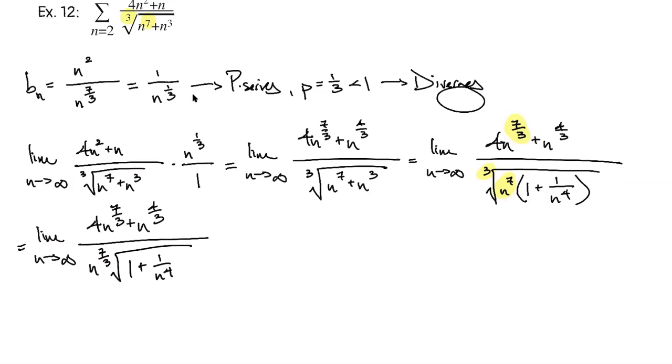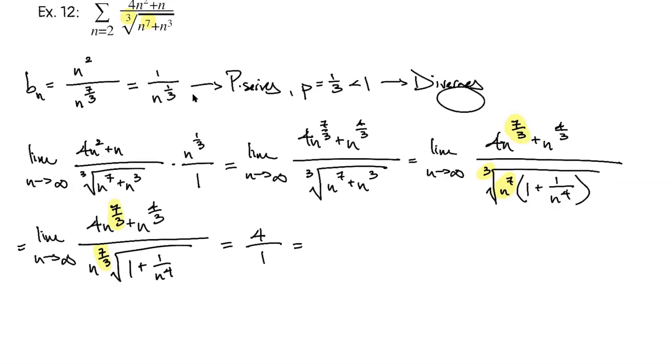Now, if I plugged in infinity here, I would get infinity over infinity. I would have to use L'Hopital. But that means taking a derivative of some things I really don't want to take the derivative of. So let's use our shortcut, which is when the power on the top is the same as the power on the bottom, I can just take the ratio of the coefficients to get my end behavior.